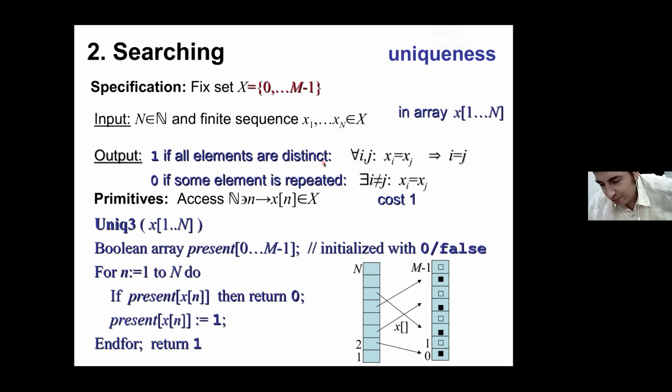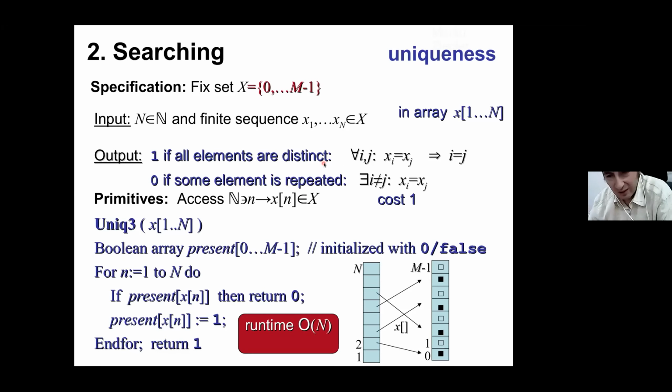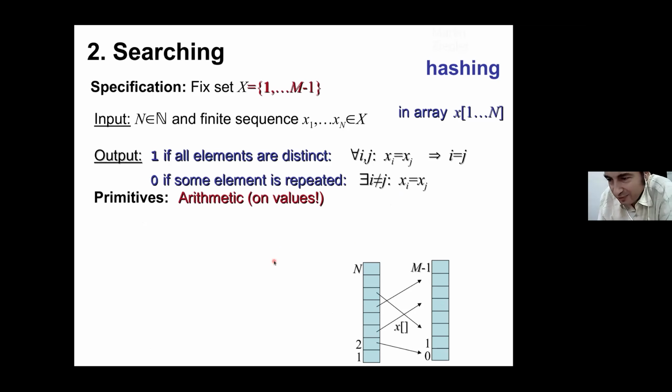Okay, and if you do it this way, then you can do this in linear time, without sorting the array. But the problem is that you have this huge memory consumption. If m is very large compared to n, then you have to do all this initialization and memory consumption yourself, and this becomes very unpleasant.